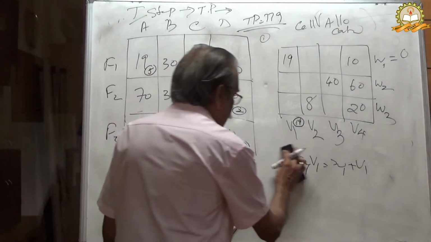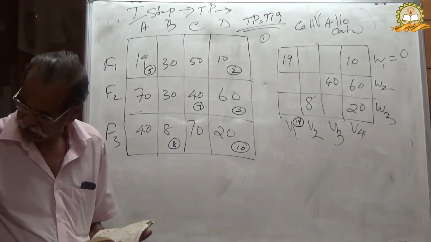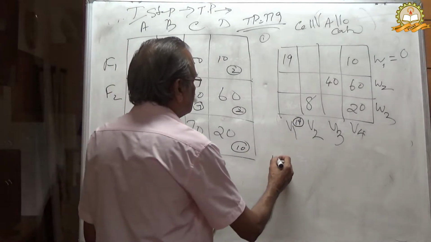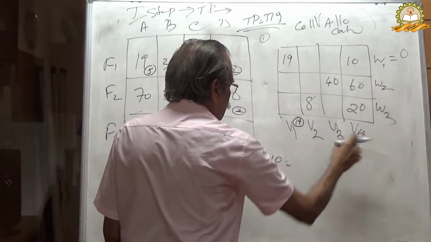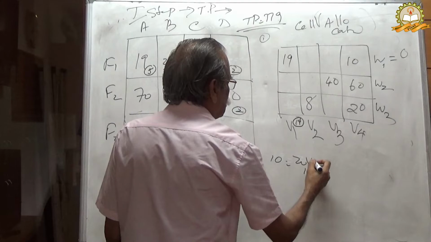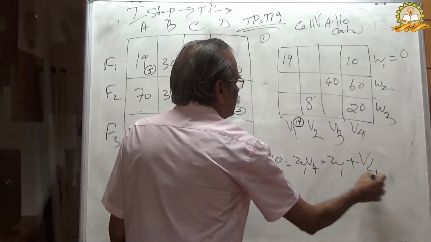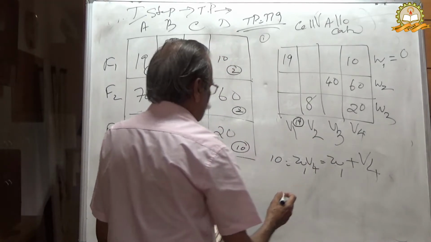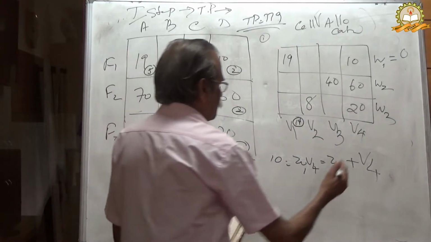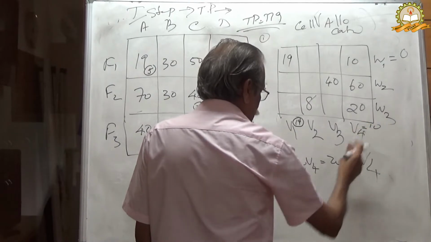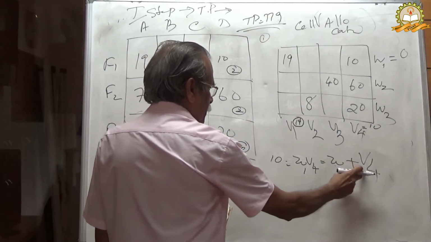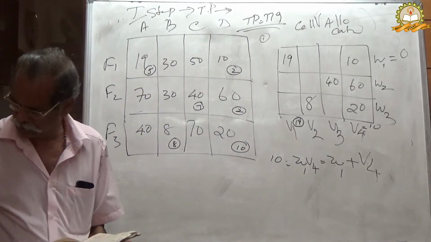Then 10 equals U1 plus V4. U1 equals 0, therefore V4 equals 10.